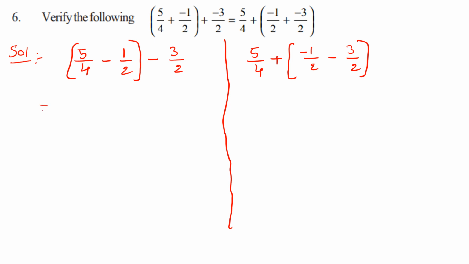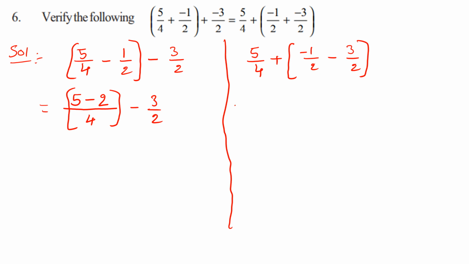So let us write 5 by 4 minus 1 by 2. The LCM is 4, and here that is 5 minus, this is 2 2s are 4, that's why 1 2s are 2, that is 5 minus 2, and minus 3 by 2, that is okay. So already we know how to calculate these fractions' subtractions, right?